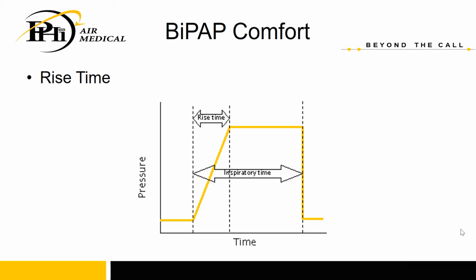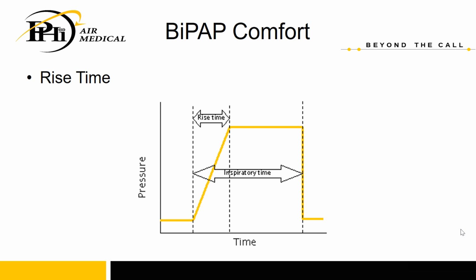And what it is, is the amount of time that it takes for the lung to reach about 90% full. So if you have somebody who has an inspiratory time of about 1 second, as an example, we can see on this graph that if that inspiratory time is 1 second, then the rise time, the amount of time it takes for the lung to get pretty much full, is about 0.2 or 0.3 seconds in this example.